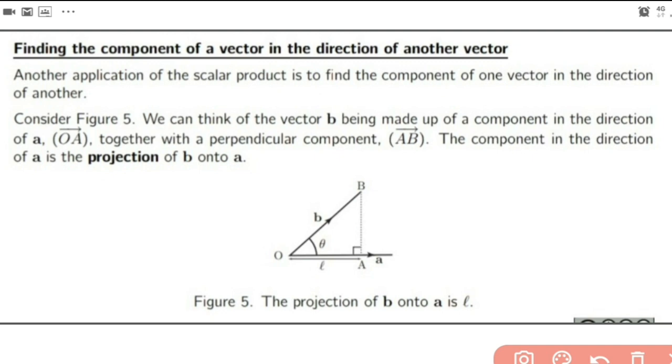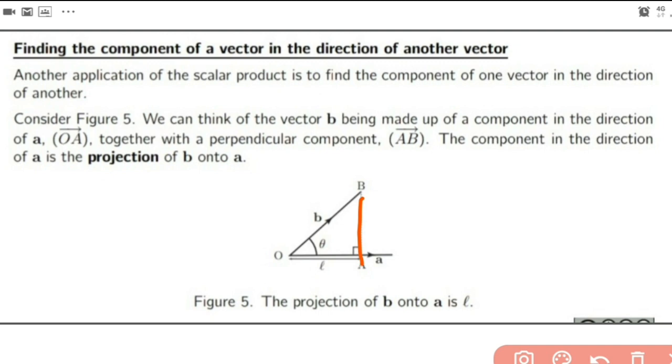That means from the tip of vector B, a perpendicular is dropped onto vector A. Now the length OA is called the component of vector B on or in the direction of vector A, or it is otherwise called projection of B onto A.